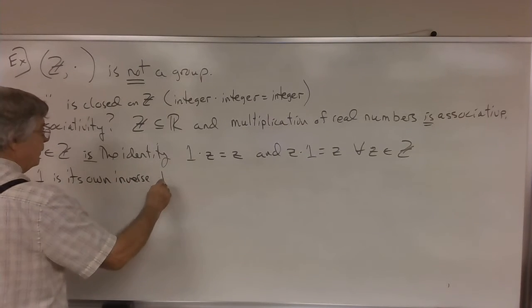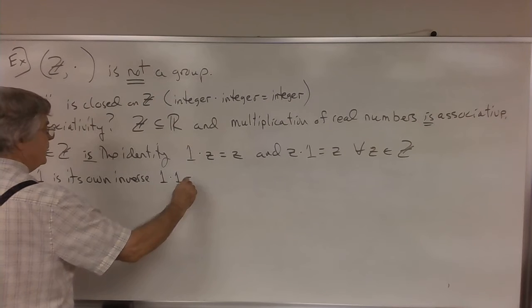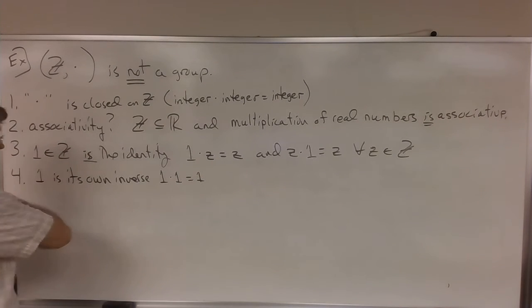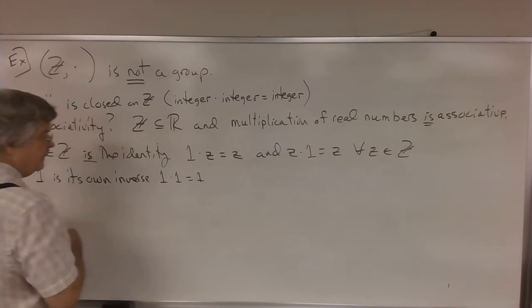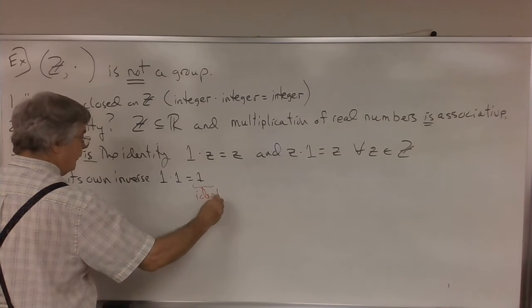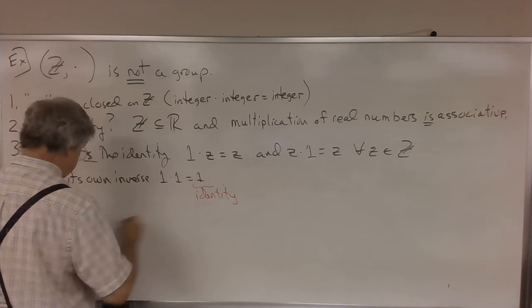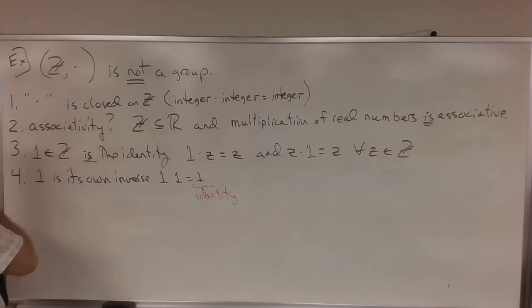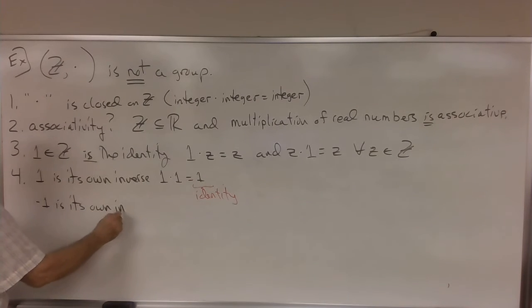One is its own inverse. 1 times 1 equals 1, the identity. And negative 1 is its own inverse.